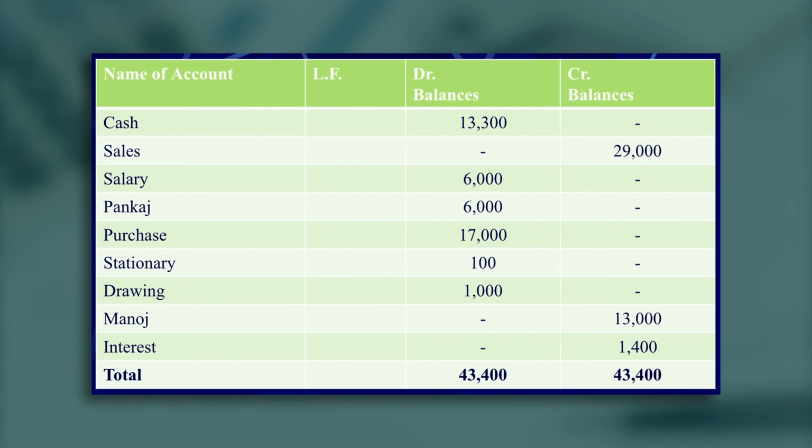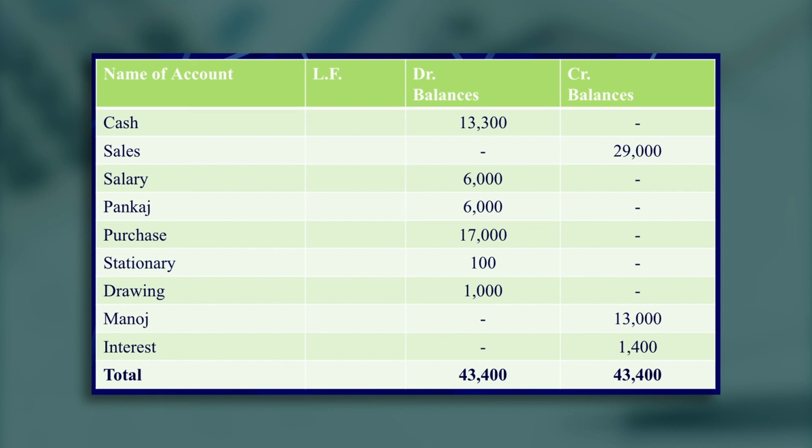Next one is salaries account. We have a debit balance of the salaries account 6,000, and again we have a debit balance of Pankaj account 6,000 rupees.